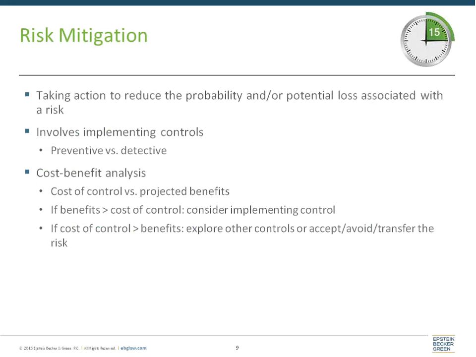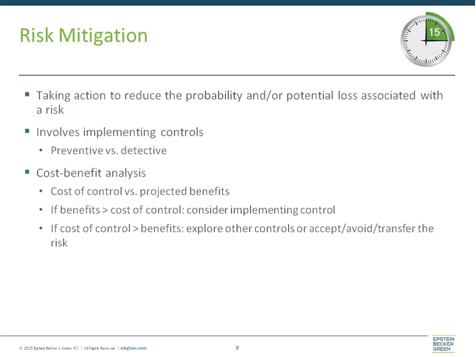So the final approach to responding to risk is risk mitigation. This is where you take an action to reduce the probability or the potential loss associated with the risk. So this involves implementing mitigating controls, which can generally be categorized as preventive or detective. Preventive controls are designed to minimize the impact of a risk.